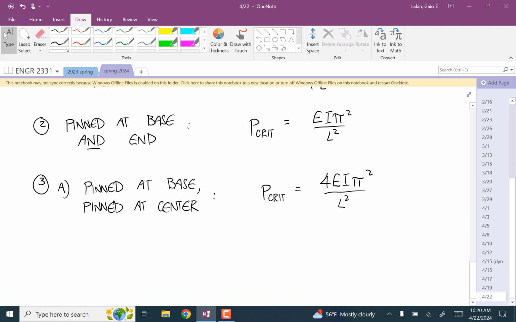And then the second one with that same P value is fixed at the base and pinned at the end. And so that's the same thing.